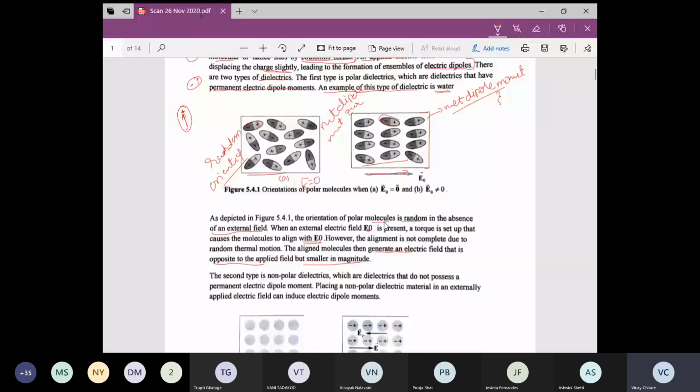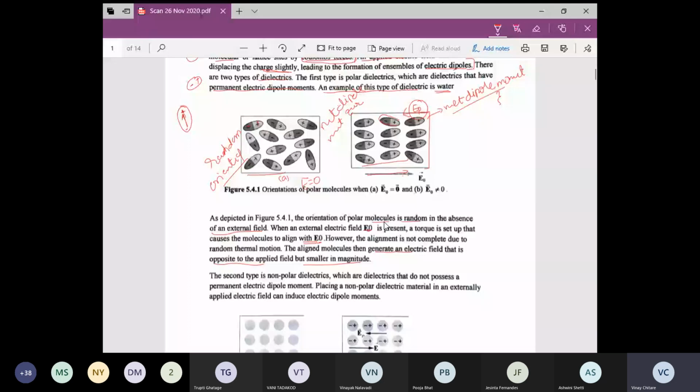And the electric field, as we know, goes from positive to negative. It is produced by this polarized material, and it is opposite to the applied field, but smaller in magnitude.